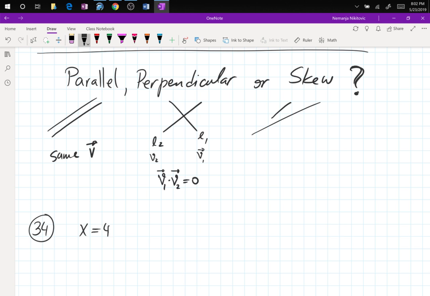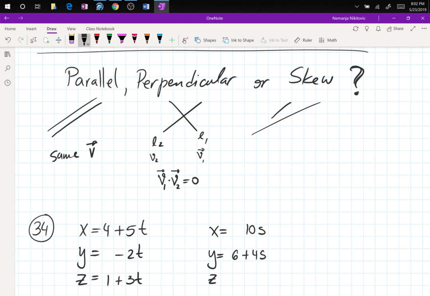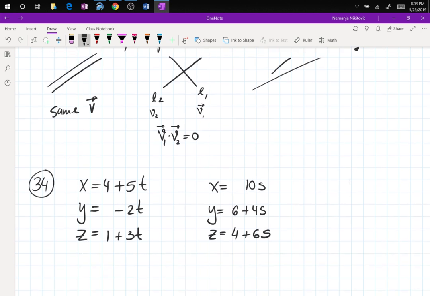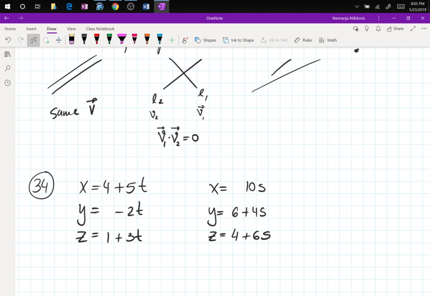X equals 4 plus 5t, y equals negative 2t, z equals 1 plus 3t, and the second line, x equals 10s, y equals 6 plus 4s, and z equals 4 plus 6s.